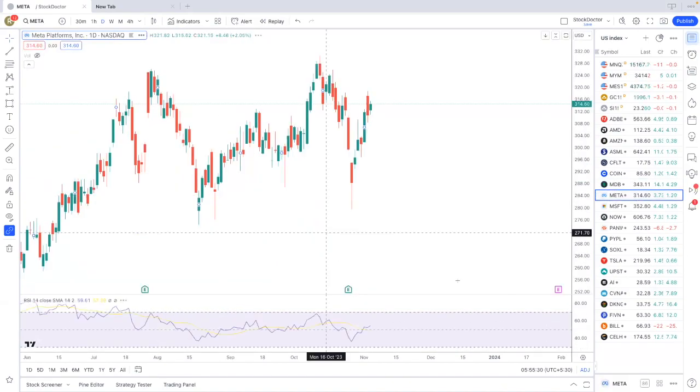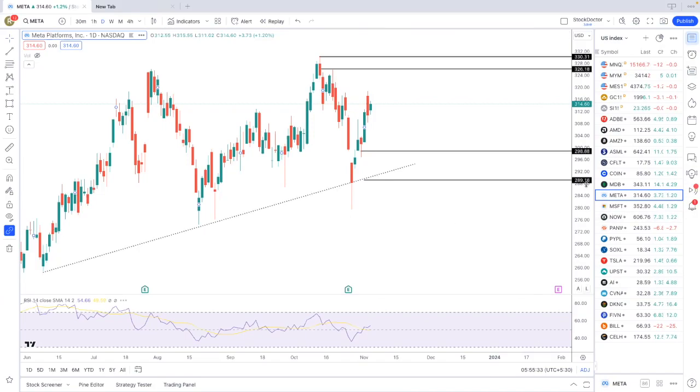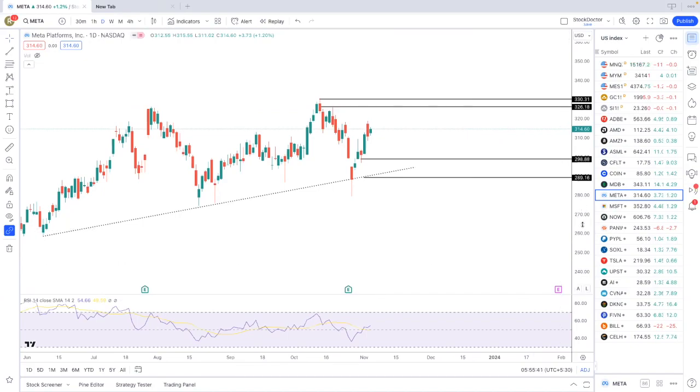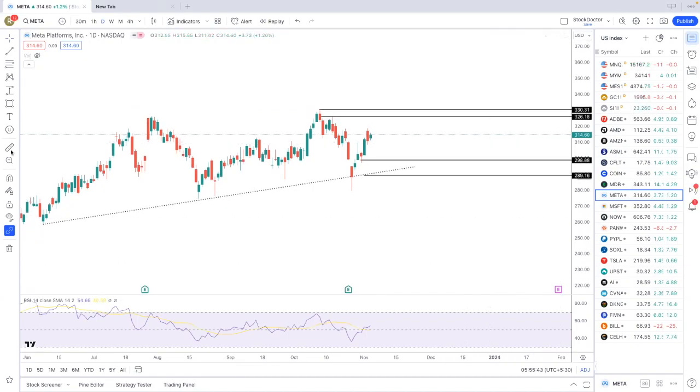The next chart is Meta. For Meta, I am not seeing any particular chart pattern, but I can tell you guys that Meta needs to trade above 330 for the next big upside. That will be for 350, 360, and 370.